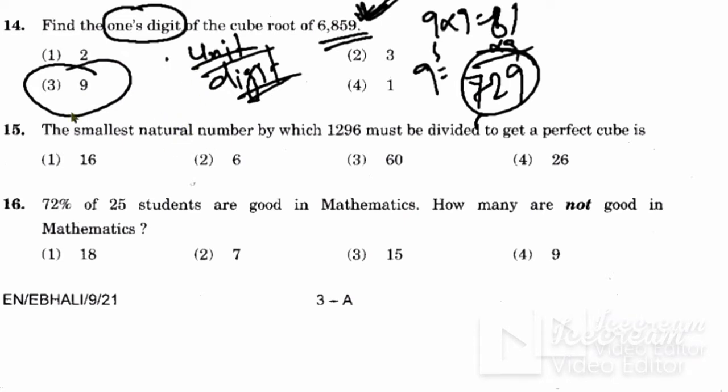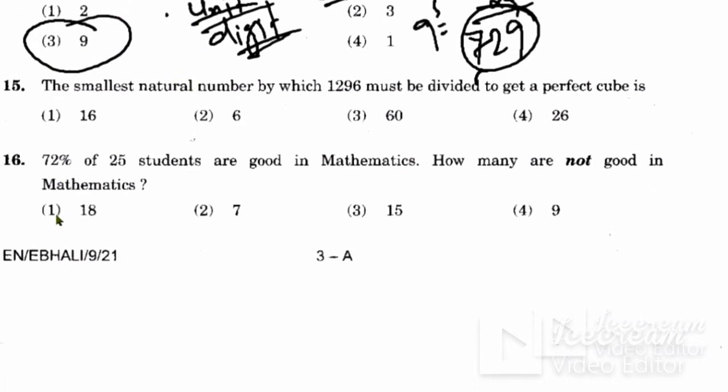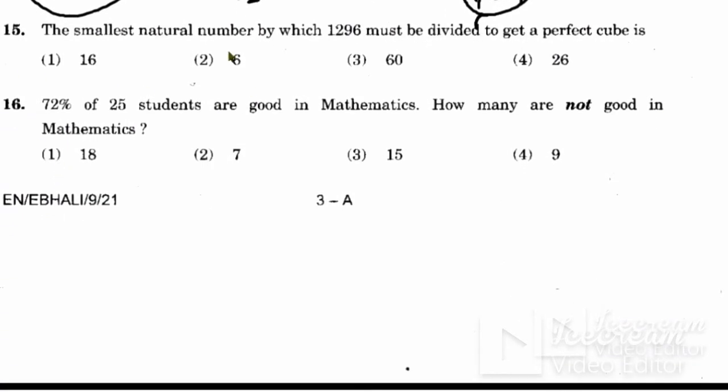ठीक है. सो नेक्स्ट क्वेश्चन, क्वेश्चन नंबर 15. क्वेश्चन नंबर 15 में क्या पूछा है आपसे, द स्मॉलेस्ट नेचुरल नंबर बाय विच 1296 मस्ट बी डिवाइडेड टू गेट अ परफेक्ट क्यूब, ठीक है. परफेक्ट क्यूब, अब यहाँ पे आपको डिवाइड है, तो मैंने आपको क्या बोला कि जहाँ पे प्लस और माइनस पूछेगा, यानी आपसे पूछेगा add and subtract, what should we add or what should we subtract, then you have to use the very basic method, that is long division method.